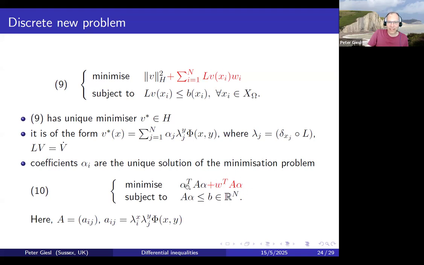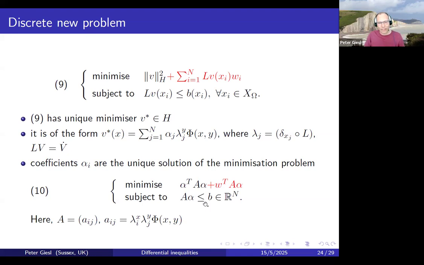So this is quadratic in alpha, this is linear in alpha, the w corresponds to the w_i as before, and these are the constraints. It's the same type of problem, and that's another reason why we got this integral formula in there, because it's a linear term. So overall it's still a quadratic programming problem for alpha.